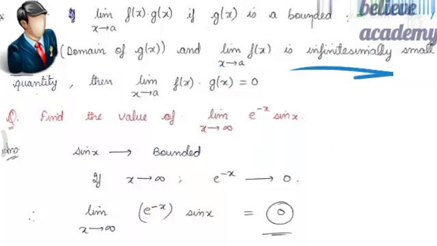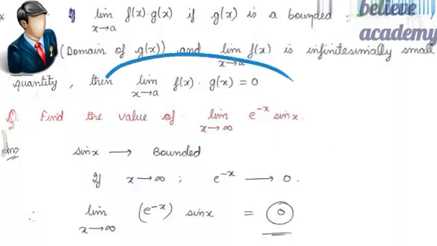You need to understand this point from here that we have been taking the domain for g of x but the f of x which we are taking is very small, infinitesimally small, matlab बहुत small quantity. Then limit x tending to a f of x into g of x is equal to 0.